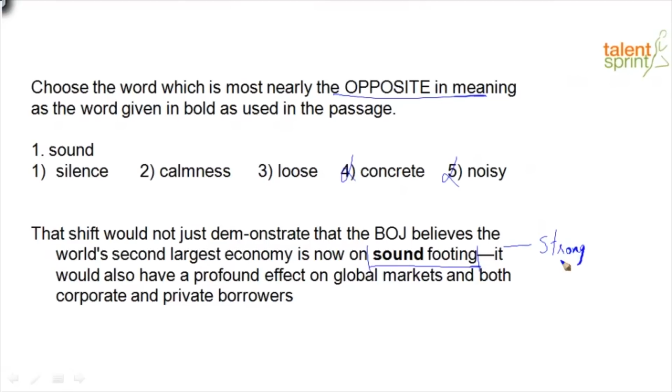It has a strong foundation. So, if sound in the context is giving me the meaning of strong, what can be the opposite? Loose. So that's why, with vocabulary questions, one thing you need to keep in mind is, if it's an easy word and the options are too close, you have 2 or 3 options that almost can be the answer, it's always better to rely on the context.